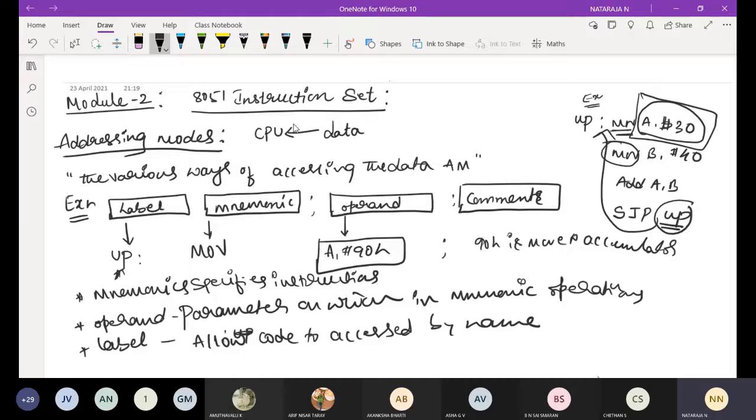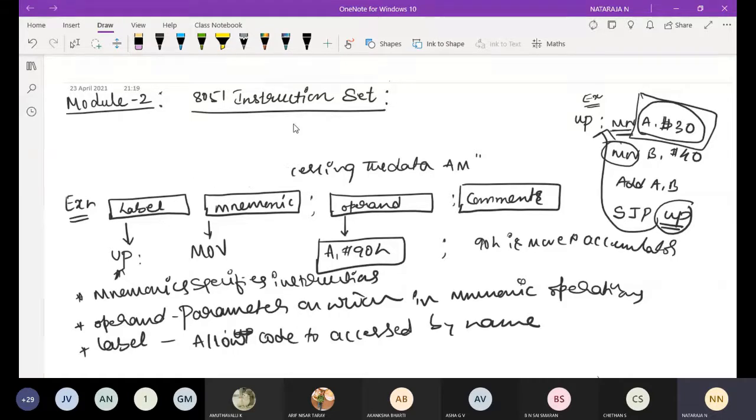Okay, next, this is about the basic structure of your addressing modes. Next, we'll discuss the various types of addressing modes.